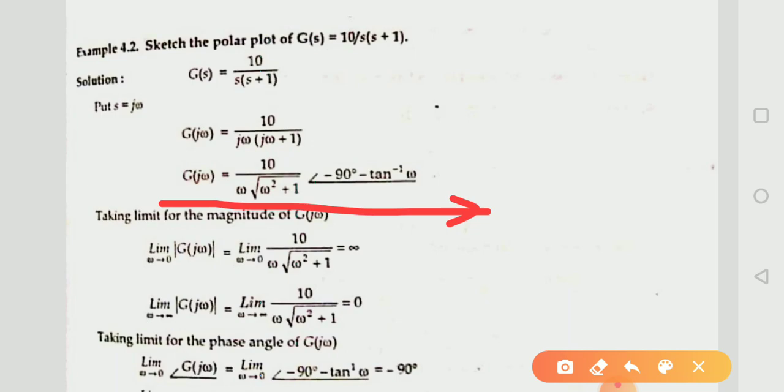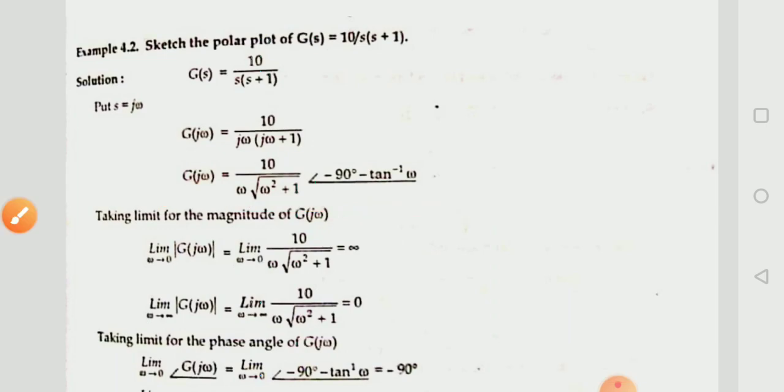Now the next step is we are taking the limit. We have two limits here, limit omega tends to 0 and limit omega tends to infinity. For limit omega tends to 0, the magnitude we find is infinite for this equation, and for omega tends to infinity the magnitude we find is 0.